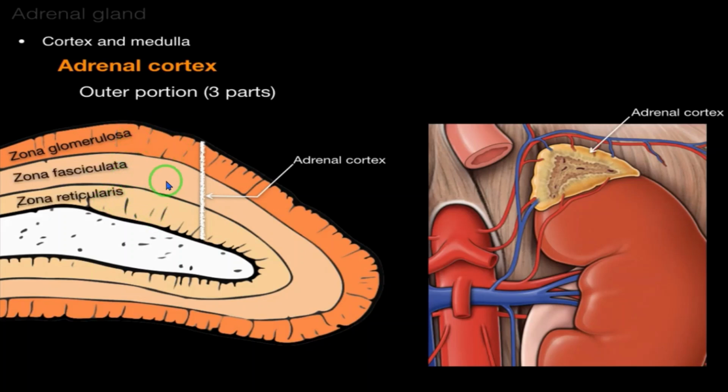This region is known as the adrenal cortex, and here also there are three regions. The outer layer is the zona glomerulosa, the middle layer is the zona fasciculata, and the inner layer is the zona reticularis. These three make up the adrenal cortex. In this picture you see the adrenal cortex region, and in the middle is the adrenal medulla.